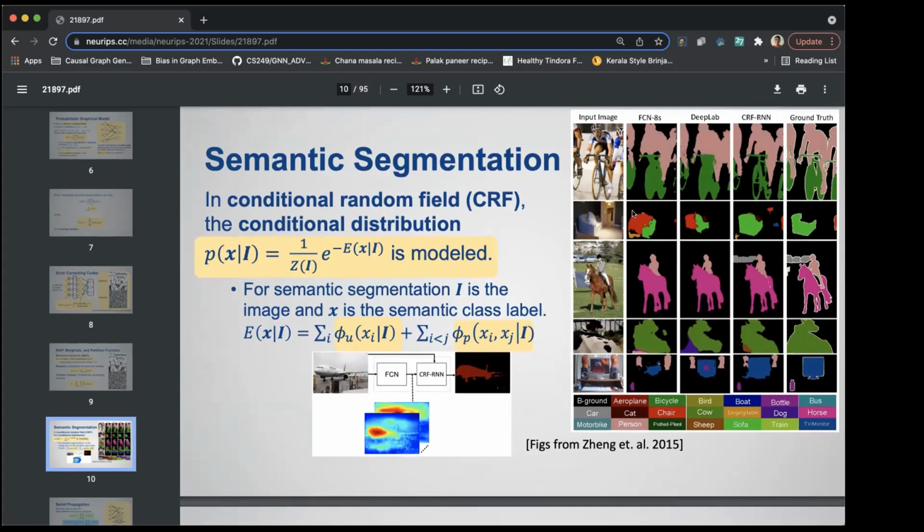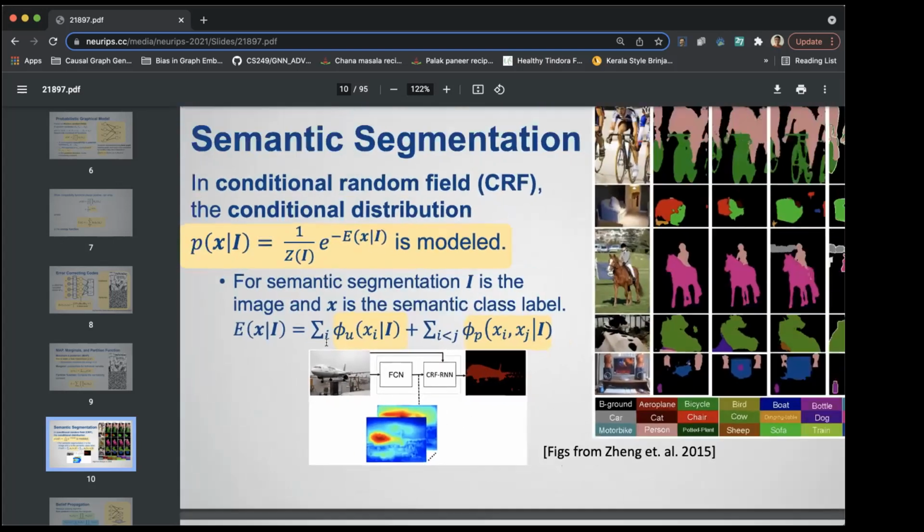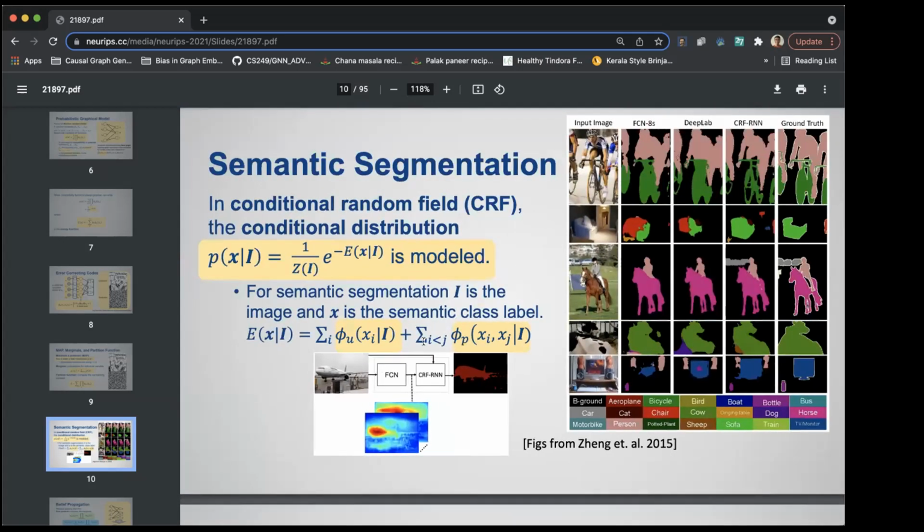Just to be clear, semantic segmentation is separating pieces of an image apart from each other. Let's take the biker here. We might want to say that the pixels here belong to the biker, and so the semantic label of these pixels is biker. And then the green here, all the pixels in green, the semantic label is the bike. So with that information, how might we interpret this energy function?